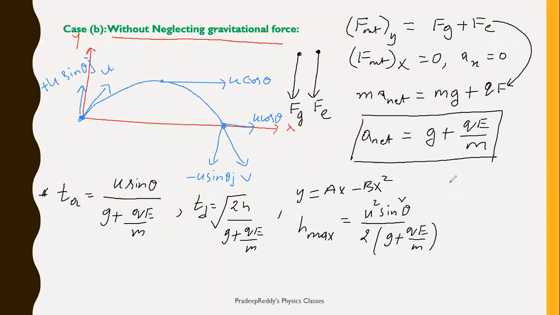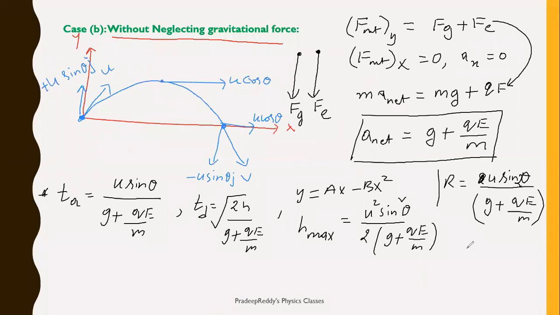And the equation for range: R is equal to 2u sin theta divided by g plus QE by m. Sorry, it is u square sin 2 theta divided by g plus QE by m. So this is the equation for range, right?